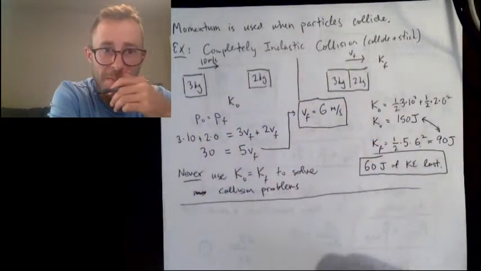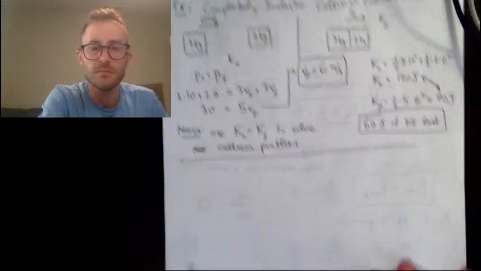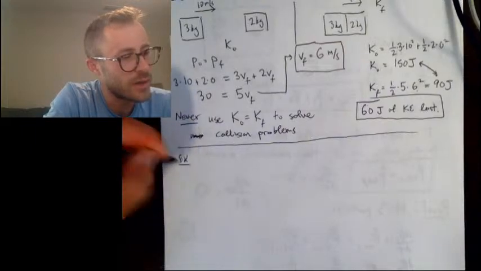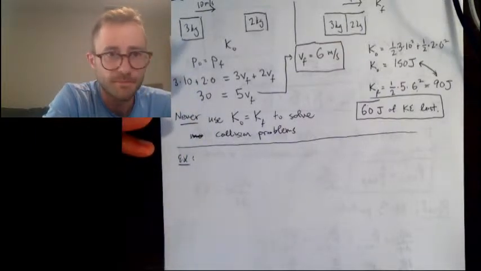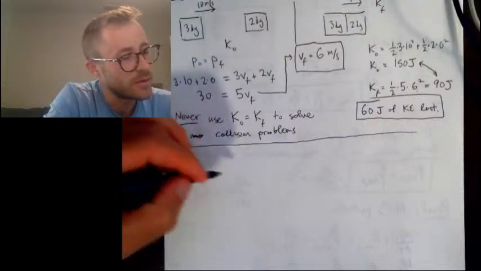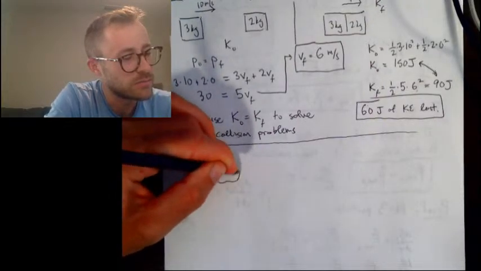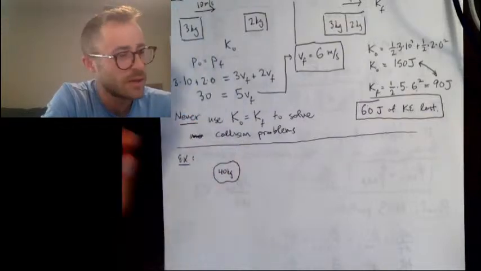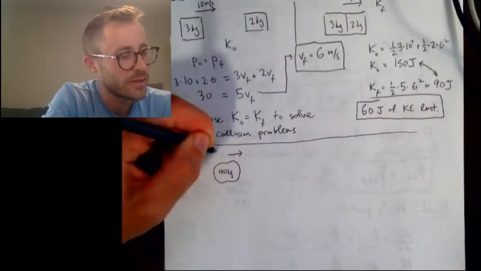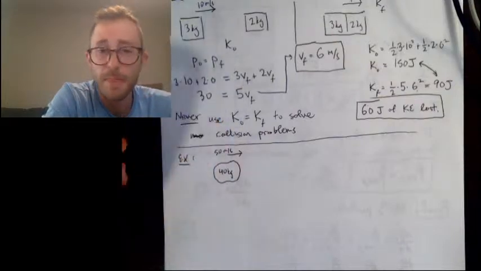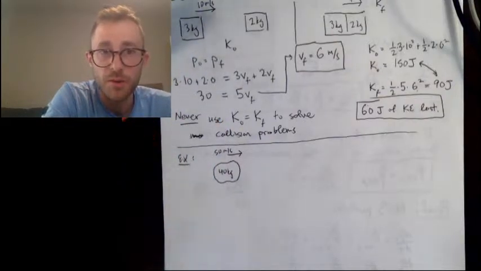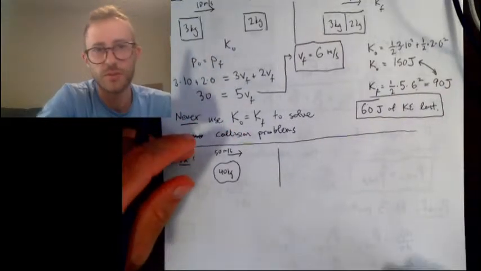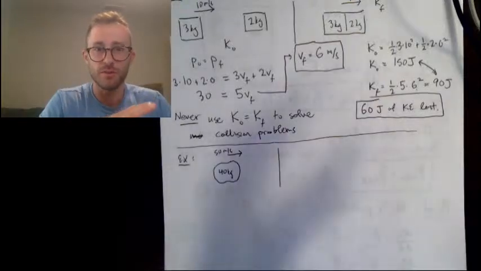Let's do another example. Let's suppose we have a 40 kilogram rock, and it is traveling this way at 50 meters per second. It explodes. This isn't really a collision, it's more like a collision viewed in reverse, but that's fine.